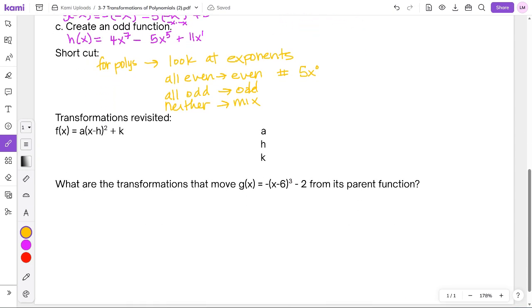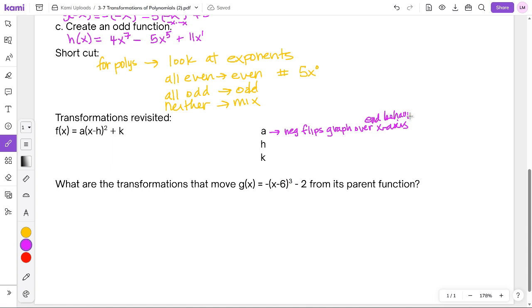All right, last thing. We're going to revisit these transformations of functions. So with quadratics, we looked at responsibilities in a transformation of A, H, and K. A, if it's negative, it flips the end behavior. It flips the graph over the x-axis, which changes the end behavior.